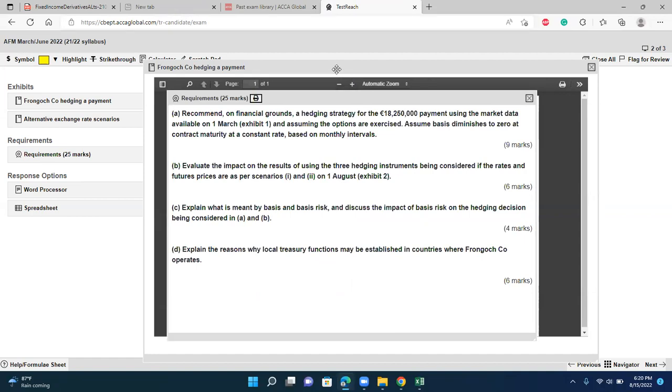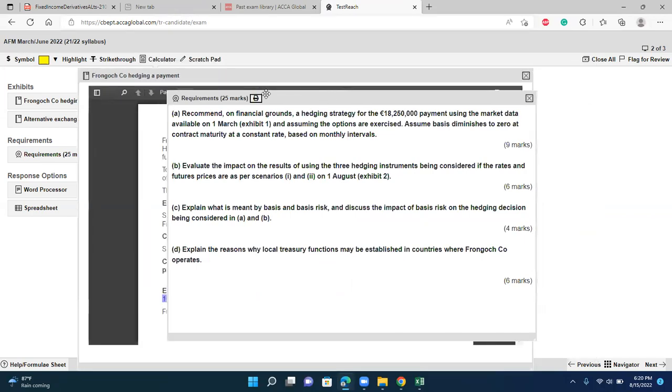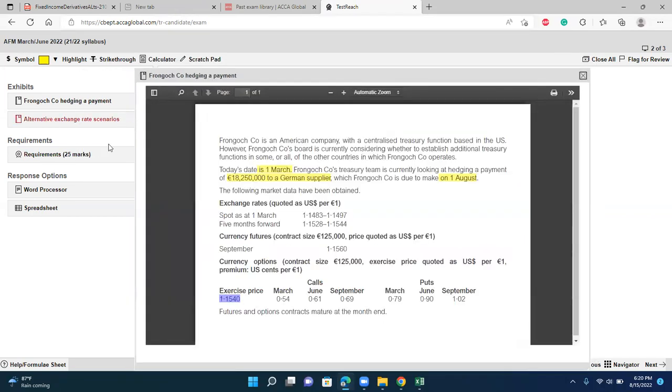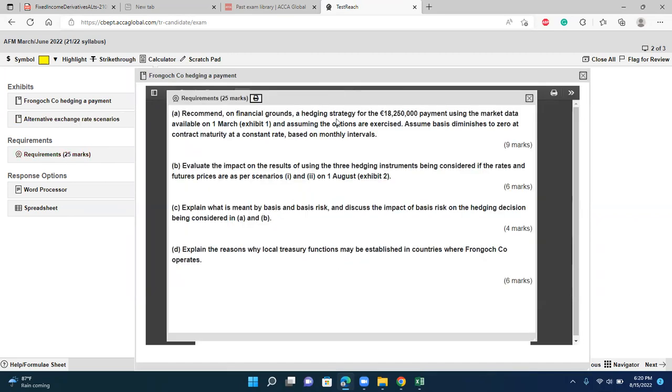Let's move to the first requirement, that is, recommend on financial grounds a hedging strategy for the 18.25 million payment using the market data available on 1st March. Okay, he specifically mentioned to only consider exhibit 1 and solve the A requirement for 9 marks.